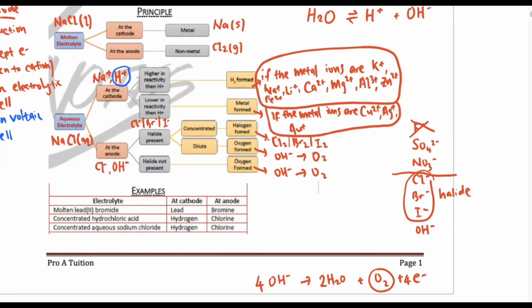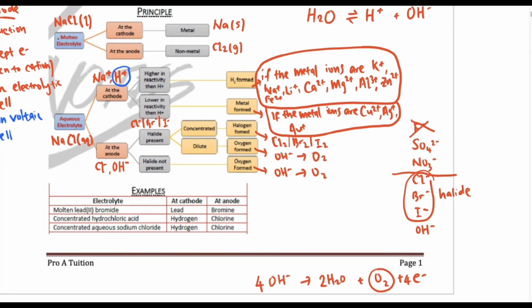Concentrated here is concentrated aqueous. It's not the molten, molten with no water. No water, no need to care about concentrated or dilute. So concentrated hydrochloric acid also has water, which means its species are H plus, Cl minus, and also H2O.